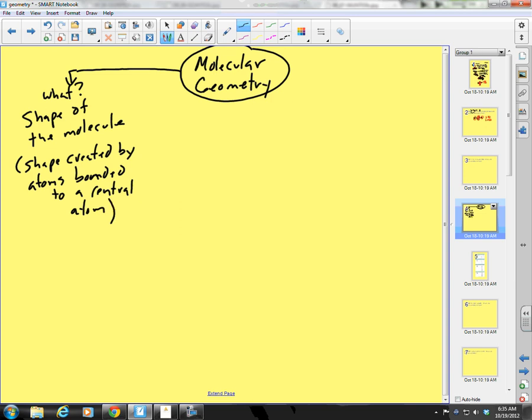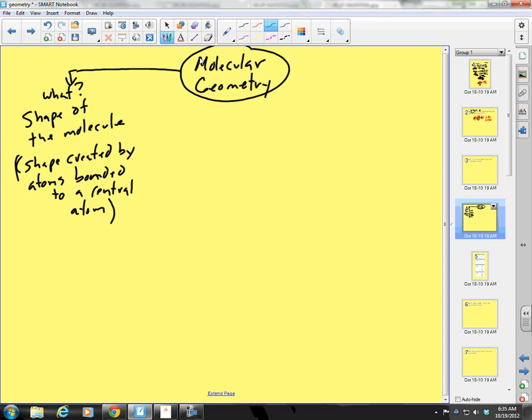Okay, that's what we're talking about. It means we're really not talking about the shape of the electrons. We're talking about the shape of the actual atoms bonded to this central atom, the shape that is created by that formation. Good.